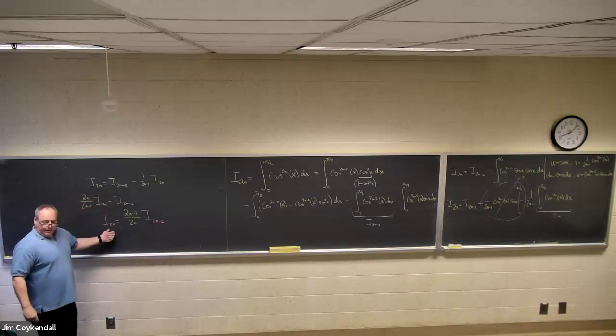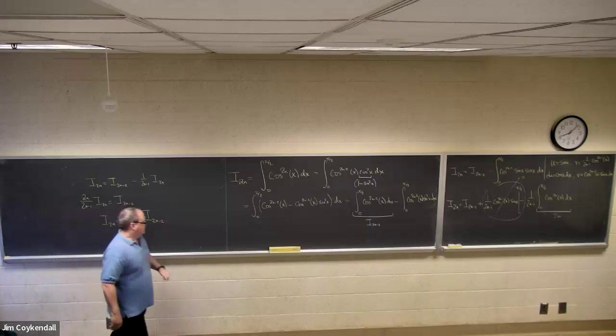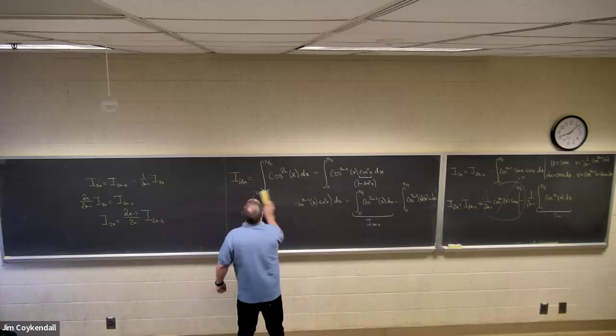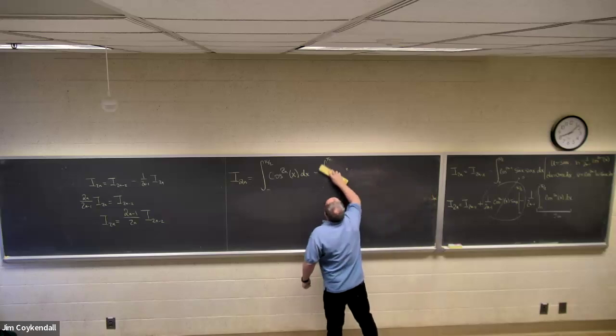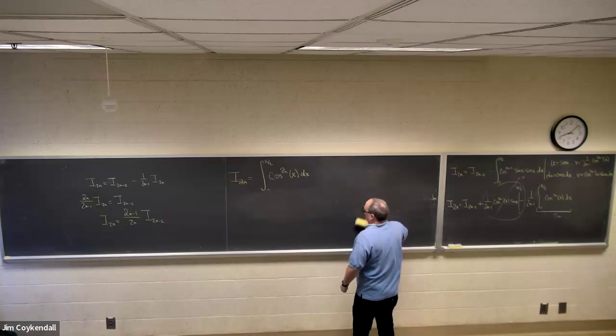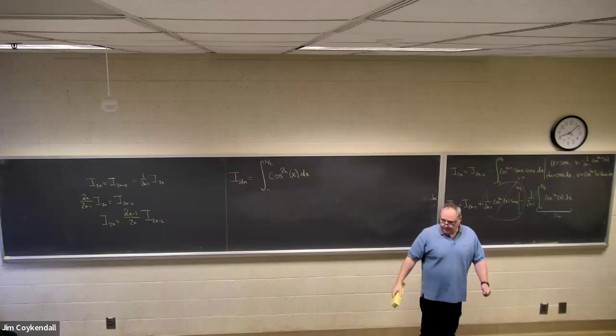This gives me a formula of how to get the next integral from the previous one. So let's see if we can see a pattern. Mathematics is often about finding patterns. And so we'll see what we can do here. Any questions so far?